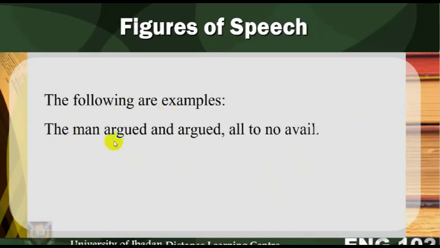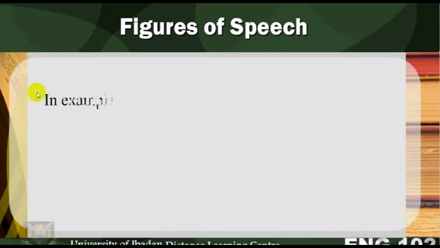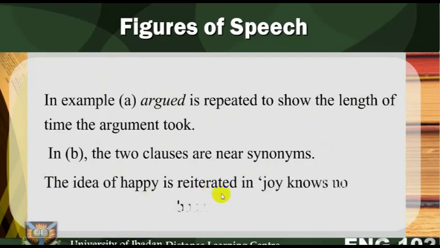A. The man argued and argued, all to no avail. B. We are happy and our joy knows no bounds. In example A, argued is repeated to show the length of time the argument took. In B, the two clauses are near synonyms. The idea of happy is reiterated in joy knows no bounds.